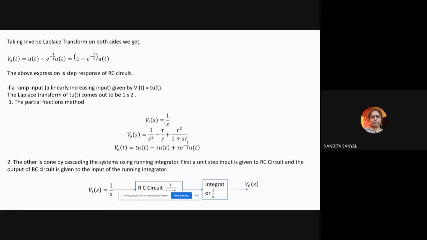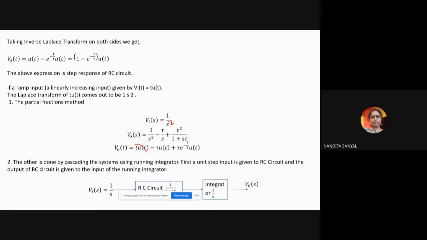Since it is 1 by S squared, the partial fraction expansion will be like this, and we will take the inverse Laplace transform for each of the terms, and we will get the final output V output as t ut minus tau ut plus tau into e to the power of minus t by tau ut. So this is the output of a ramp when we excite the RC circuit with the ramp.